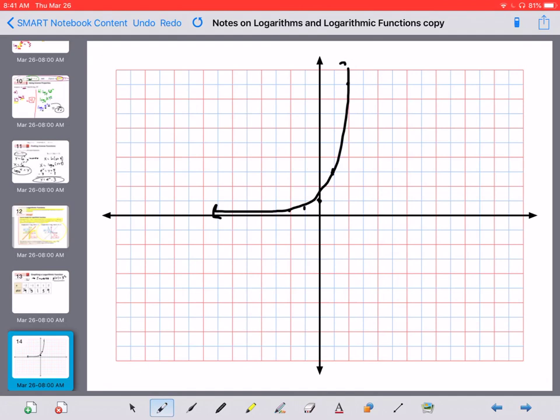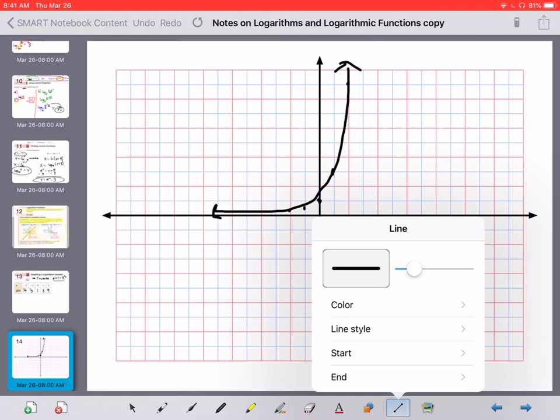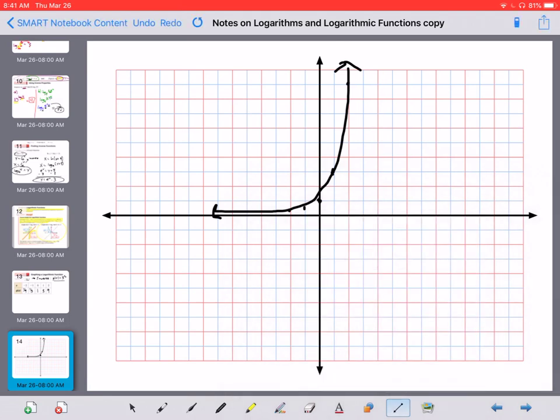Not bad. Now remember, this needs to reflect over the y equals x line. So let's draw a dotted line right along the y equals x.